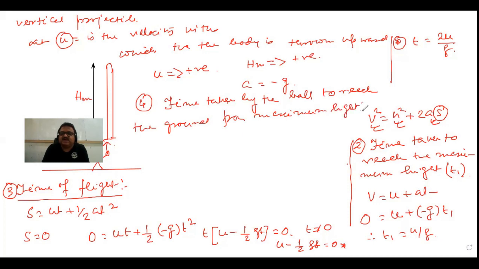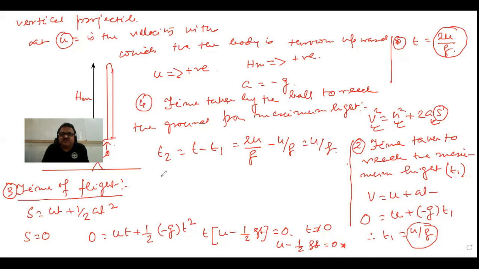What is that? Okay, look. Total journey time is 2u by g, and the time taken to reach the maximum height is u by g. So if t2 is the time taken by the ball to reach the ground from its maximum height, that should be equal to total time minus time taken to reach the maximum height. So 2u by g minus u by g is simply u by g.